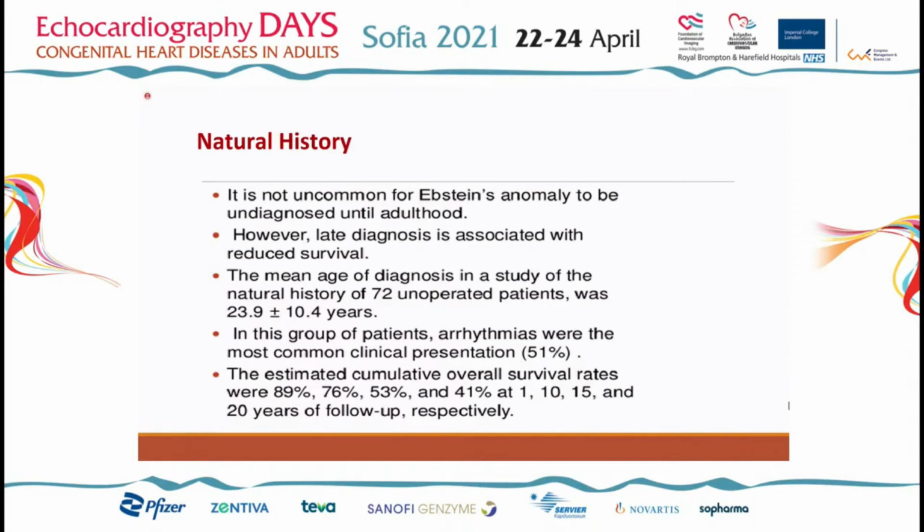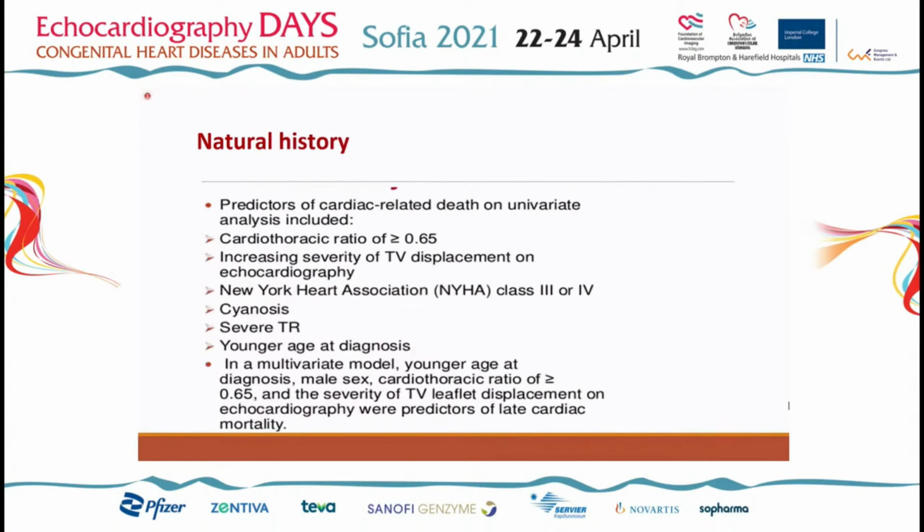In this group of patients, arrhythmias were the most common clinical presentation, around 50%. The estimated cumulative overall survival rate was around 90%, 76%, 53%, and 41% at 10, 15, and 20 years of follow-up, respectively.